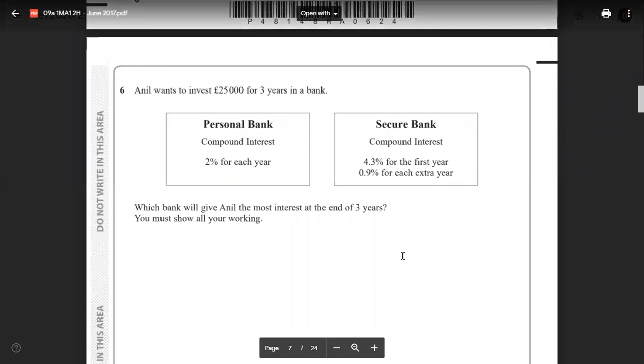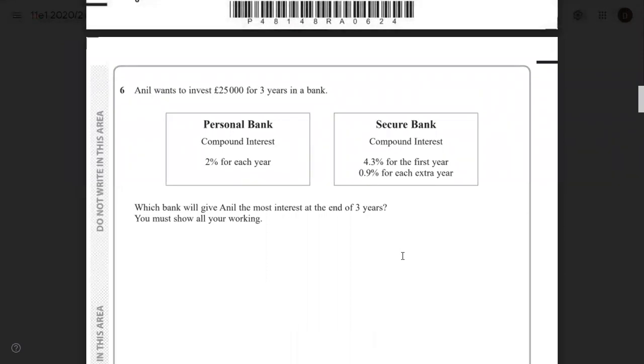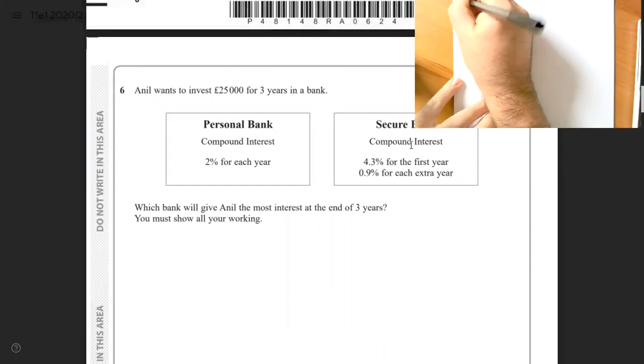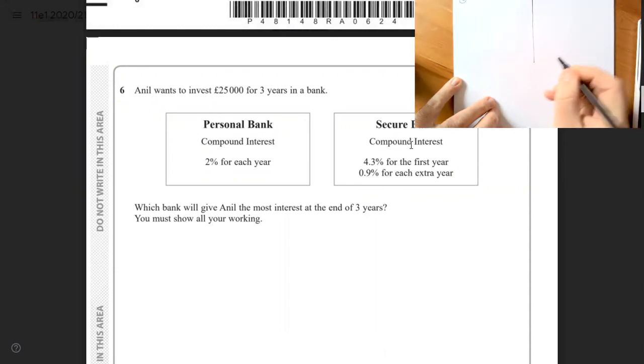Okay, so £25,000 for 3 years. Personal bank is 2% interest per year. Secure bank is 4.3% for the first year, then 0.9% for the second year. Okay, so I'm going to split my page.